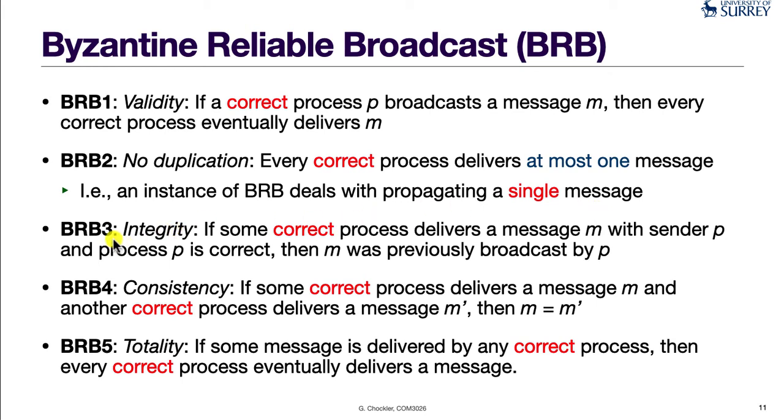The next property is actually important, in particular in the Byzantine context. It's called integrity, and it says that if some correct process delivers a message M with sender P which is correct, then M was actually previously broadcast by P. In some literature, this property is called unforgeability, and it means that Byzantine processes can't somehow collude and create a fake message and pretend it to be a message from a correct process.